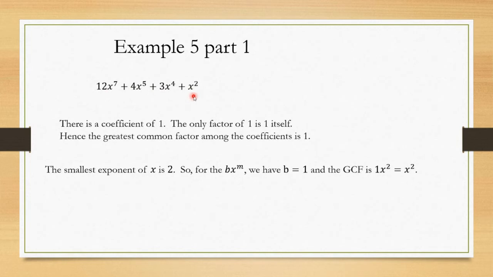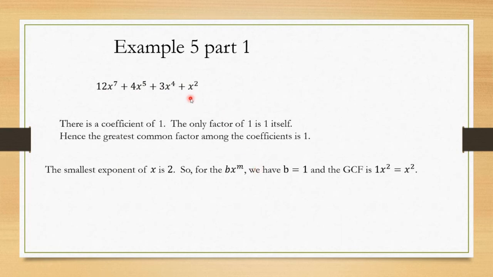Notice also the smallest exponent of x is 2, x squared. So that tells us the GCF, b times x to the m, is going to be 1 times x squared, which is just x squared. So x squared is the GCF.